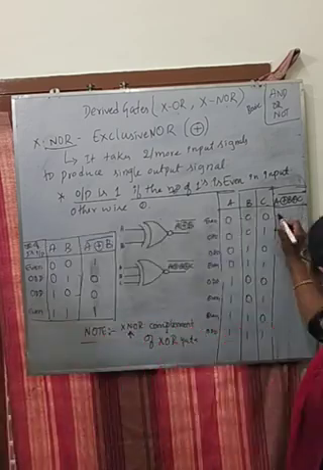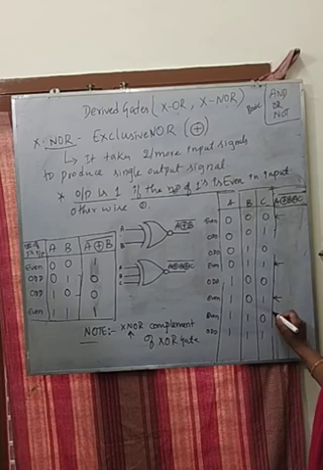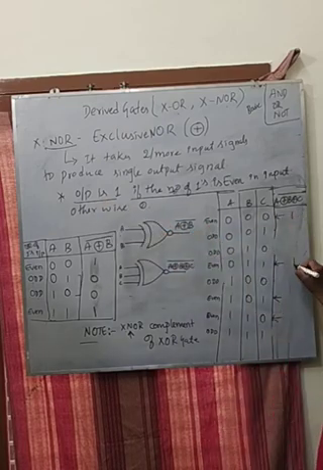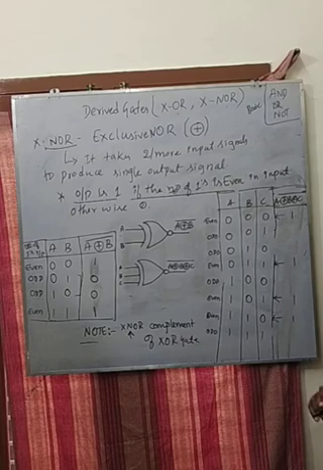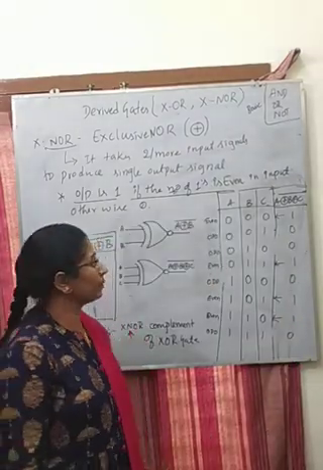Wherever the word even is there, output is 1. Otherwise, the output is 0. This is your XNOR gate.